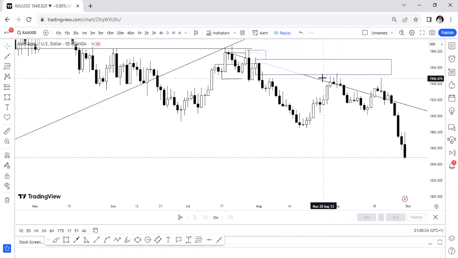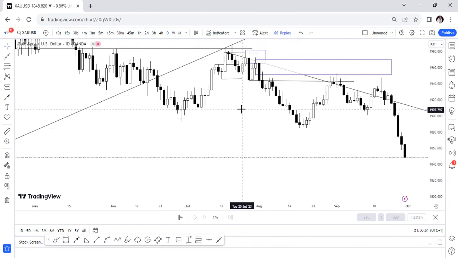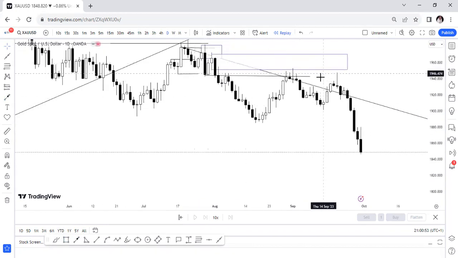Price taps into this SNR. Can you see it? SNR level there. So this is how to combine your SNR with a trend line. This is how to connect it.